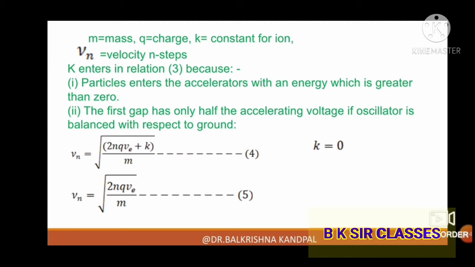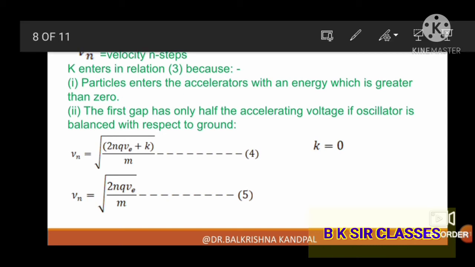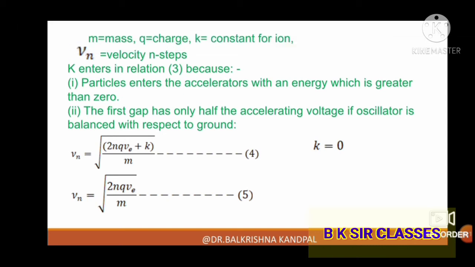The value of vn is the square root of (2nqVe plus K) divided by m. This is equation number 4. If the value of constant K is 0, then vn is the square root of 2nqVe divided by m, and this is equation number 5.